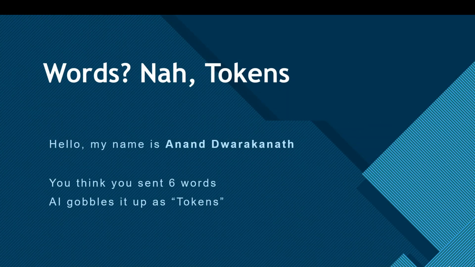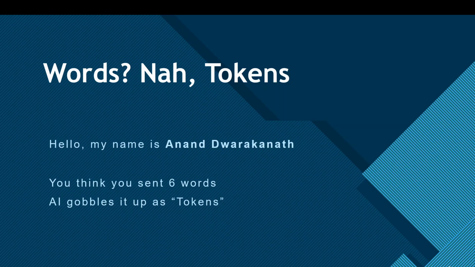Now, imagine you send ChatGPT or Claude this sentence: Hello, my name is Anand Dwarkanath. Now, you think you sent 6 words, but AI actually thinks differently and it gobbles it up as tokens.